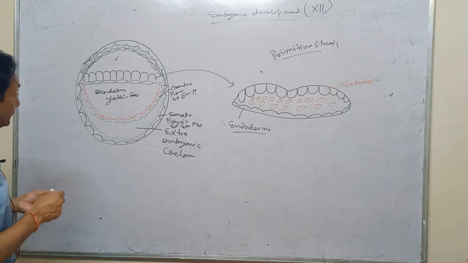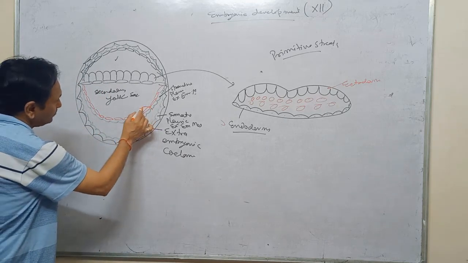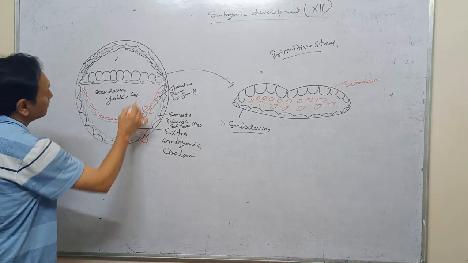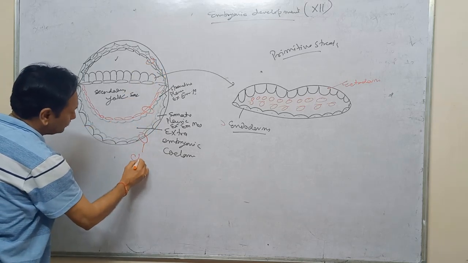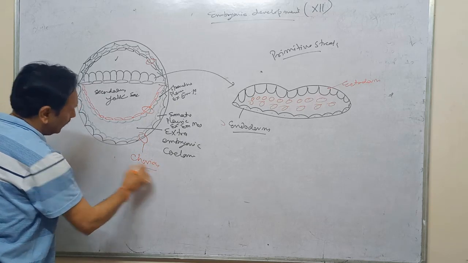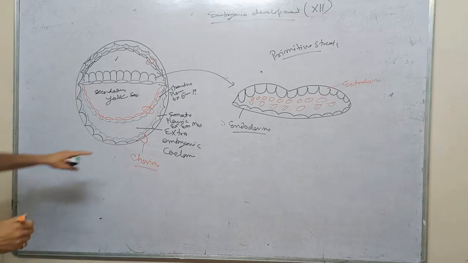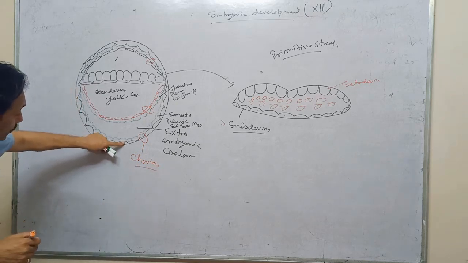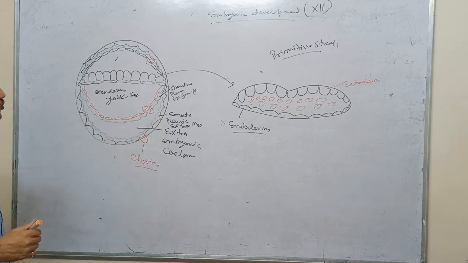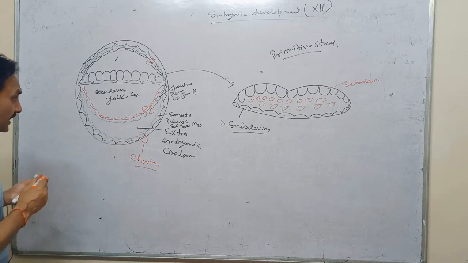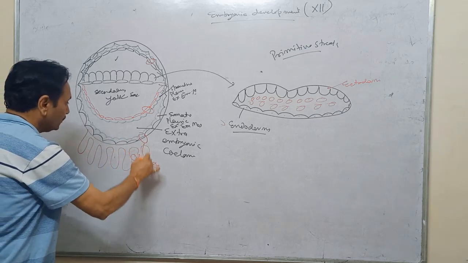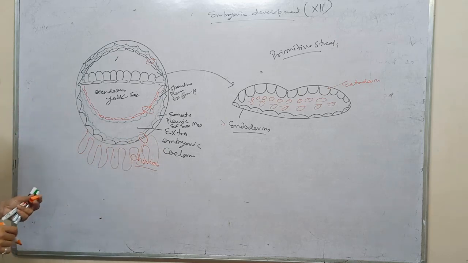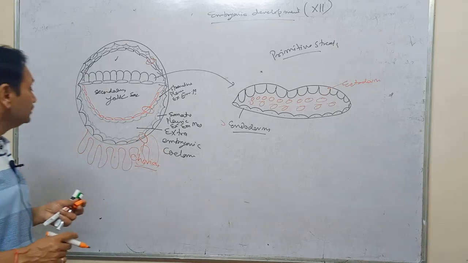This part, and this part, is called chorion. Here you will see that it includes trophoblast and somatopleuric extra embryonic mesoderm, and this part is responsible for the formation of the placenta. So in the human being, it is called chorionic placenta, and this is called chorion.